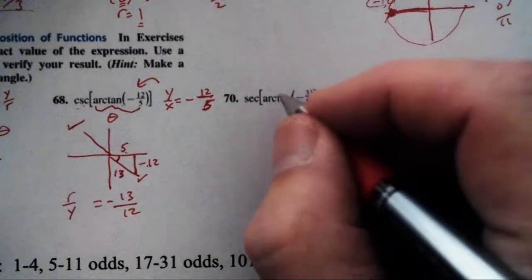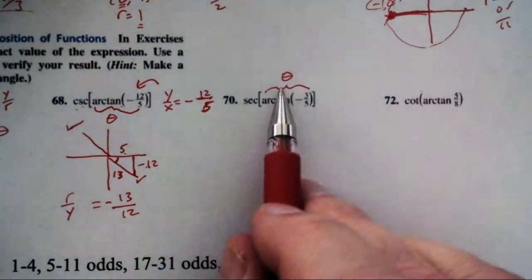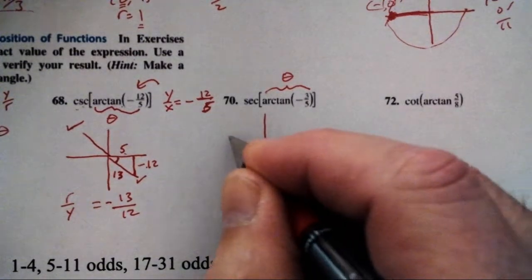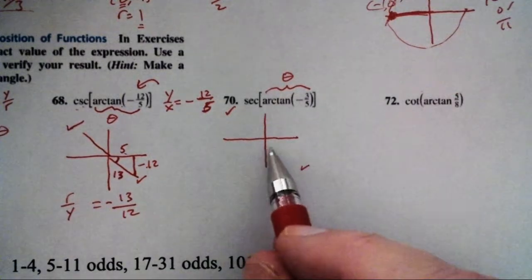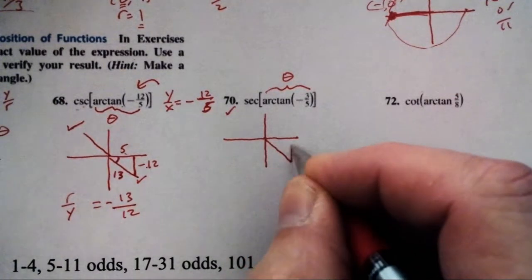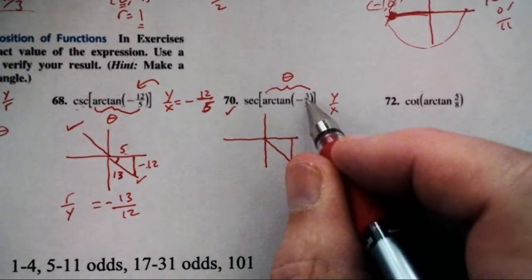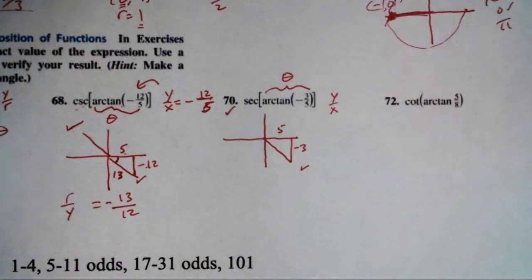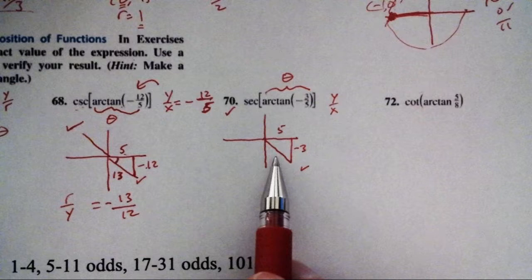Okay. If I think of this as theta, I want to build theta. Tangent, once again, is negative here or here. We stay close to 0. This is y on x, 3 to 5, and there's the negative. And we might be thinking 4, but of course that's not the hypotenuse.